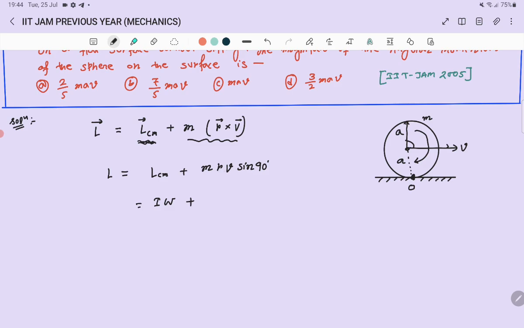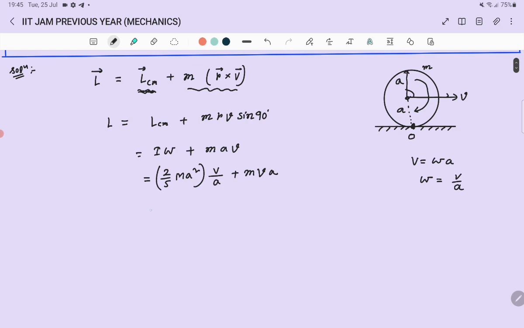For a solid sphere, I is 2 by 5 m a squared. As this is pure rolling, v equals omega r, so omega equals v by a.